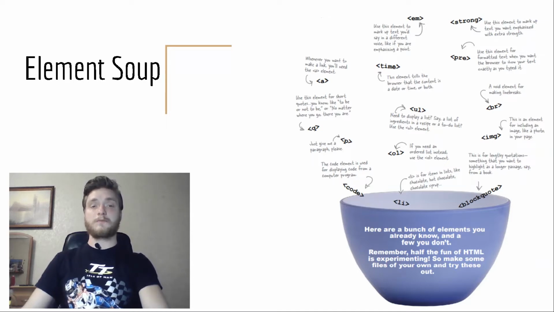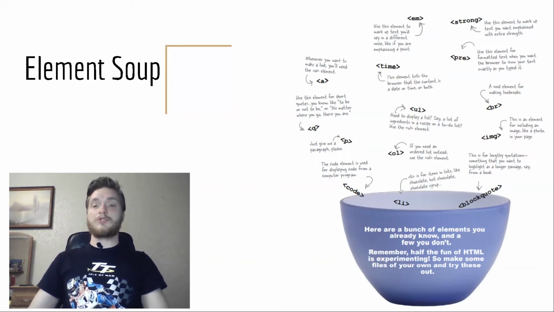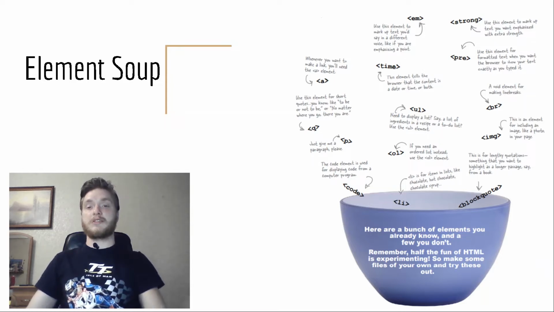The time element tells the browser that the content is a date or time or both. Use the em element to mark up text you'd say in a different voice, like if you are emphasizing a point. Strong. Use this element to mark up text you want emphasized with extra strength. Use the pre element for formatted text when you want the browser to show your text exactly as you type it.